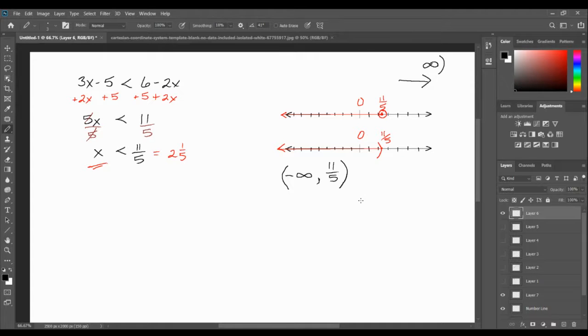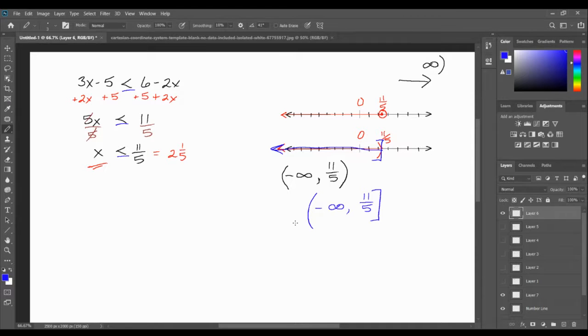So if we were including, let me grab a different color here. If this were less than or equal, now we're including the 11/5. So I would put a bracket there and draw my line to the left. So my interval notation would still start at negative infinity, and it would still come up to 11/5, only now I'm including the 11/5, so it gets a bracket, and I can never reach infinity, so it gets a parenthesis.